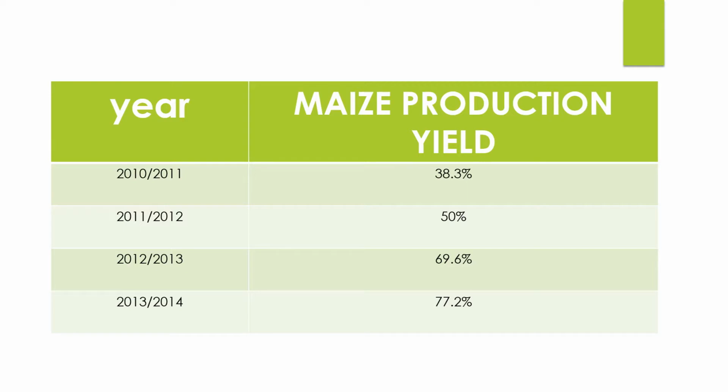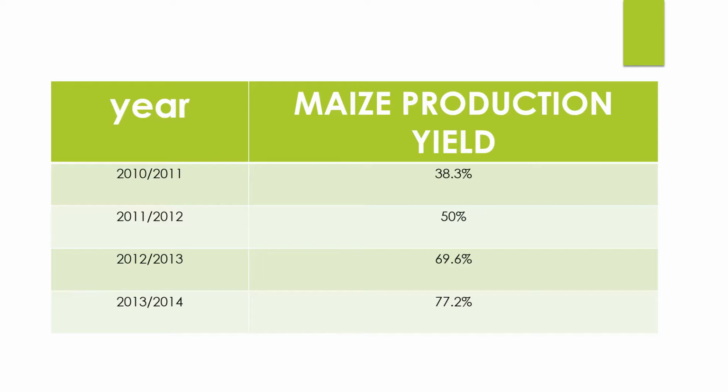So in this slide, I have chosen the natural resource parameter of Kathmandu district, that is maize production yield. So in year 2010 to 11, the maize production yield was 38.3%. In 2011 to 12 years, it was 50%.